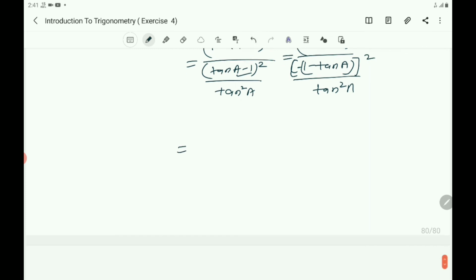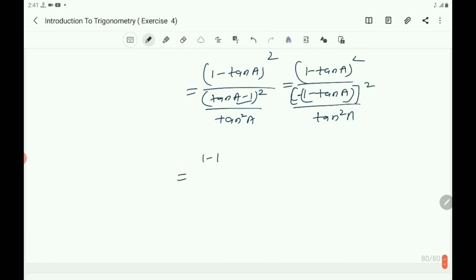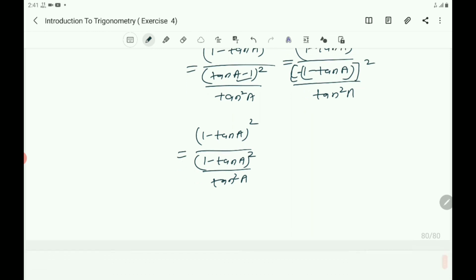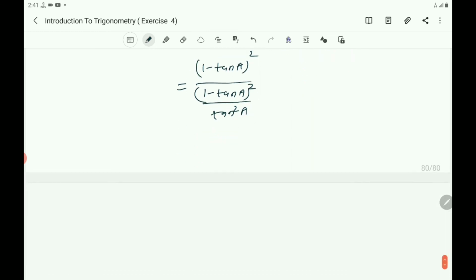Then you write 1 minus tan A whole square by 1 minus tan A whole square by tan square A. That equals, you write 1 minus tan A whole square, take the reciprocal here, that equals tan square A by 1 minus tan A whole square.